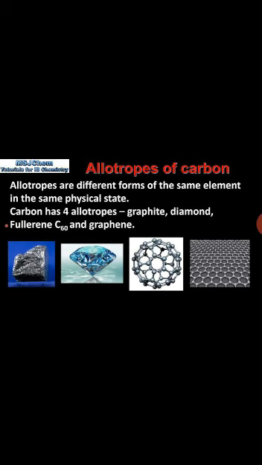For example, you can see in this picture, one is carbon, which is your graphite, black, first from your left side, and second is the diamond. It is also a form of carbon.